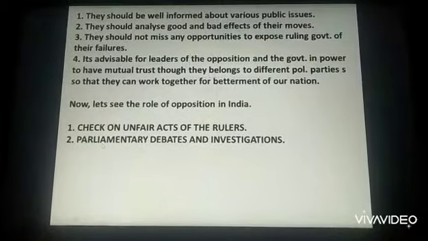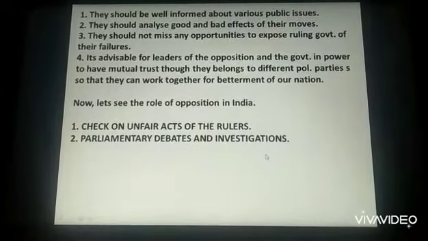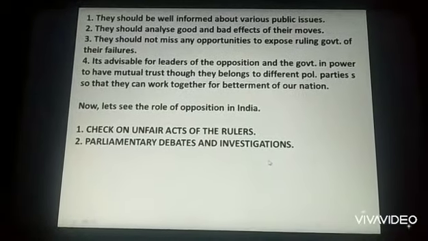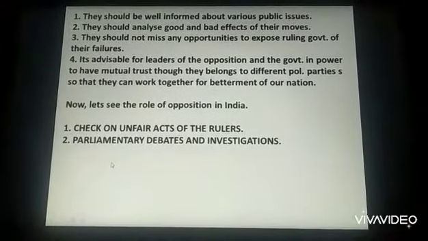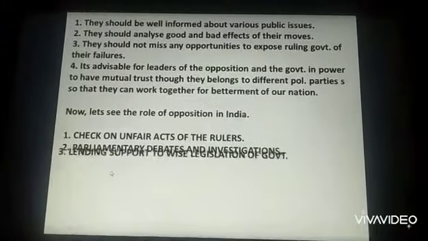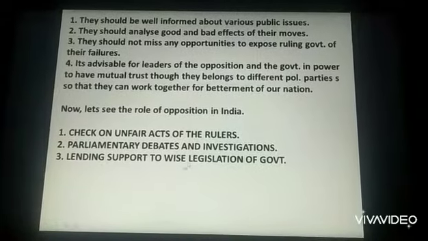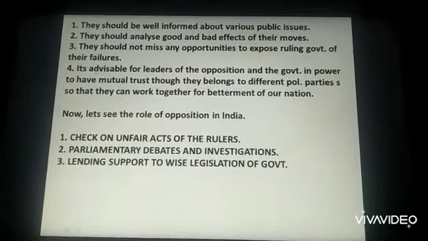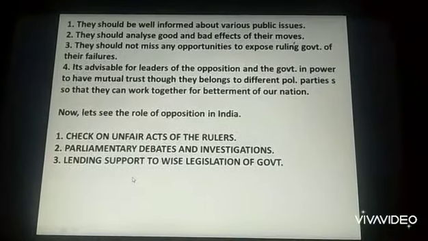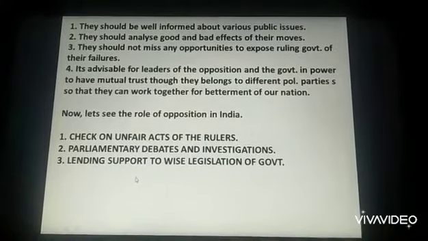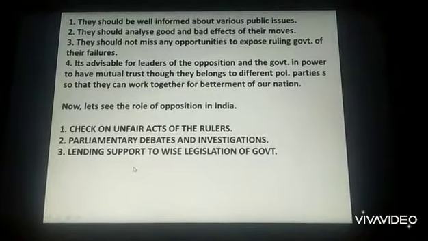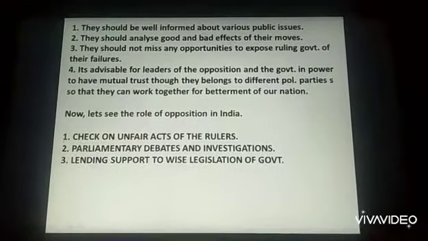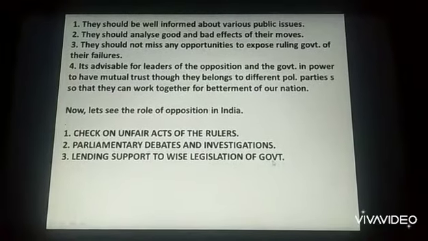They bring up parliamentary debates and investigations on the wrongdoings or misuses of power by the ruling party. The third one is they lend support to wise legislation. Like I told you, it's not necessary that the opposition should always go against the laws and policies made by the ruling government. So the same thing, they should lend support to wise legislation.